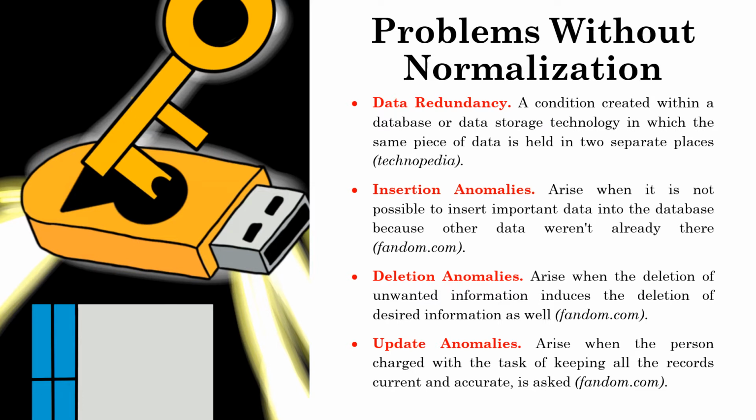Then we have insertion anomalies, as described by fandom.com. It arises when it is not possible to insert important data in the database because other data weren't already there. Let us assume that a new department has been started by the organization, but initially there is no employee appointed for that department.